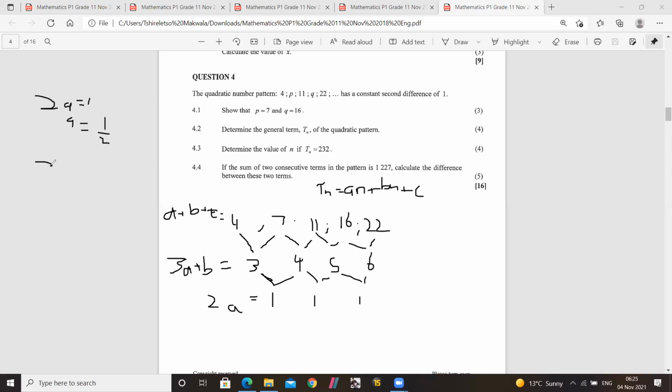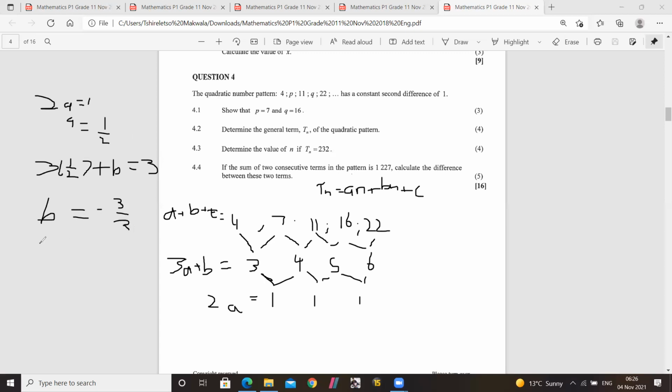Then 3a. So 3a is 3.5, right? 3a, which is 3.5, plus b, we don't know b, must be equal to what? 3. So we take this thing to the other side. b is equal to negative 3 over 2, right?